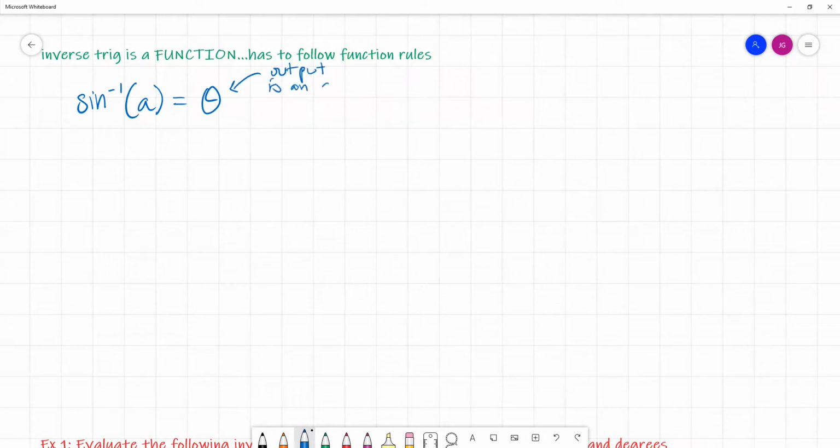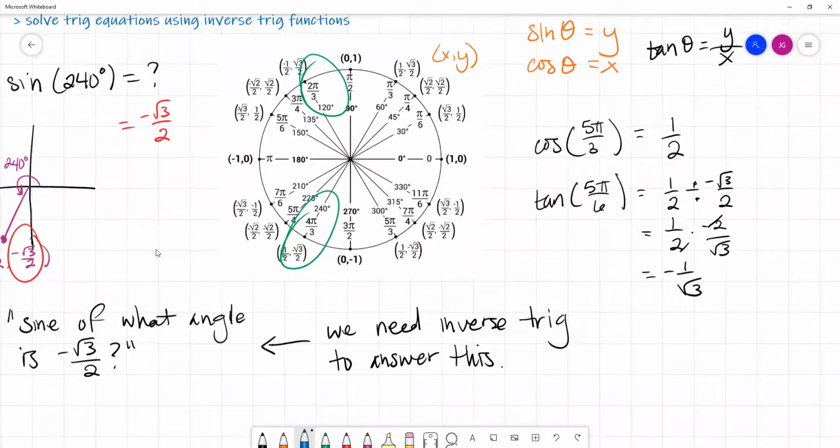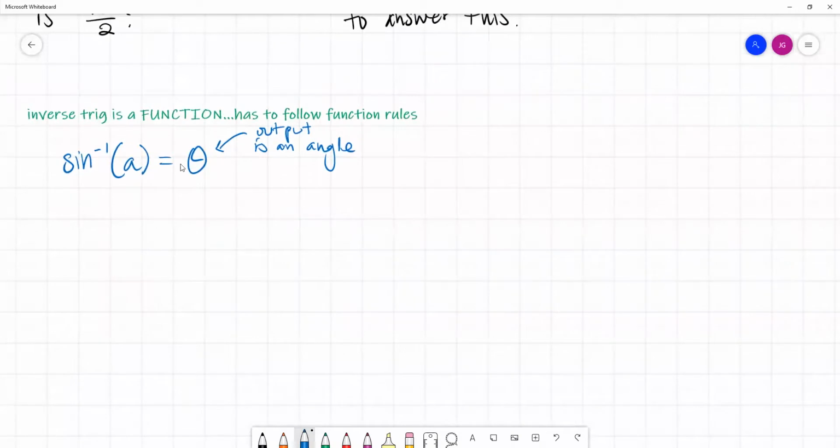We're used to sine of theta is equal to a, where the input is the angle, but not in this case. Right now we're doing it backwards. Inverse functions switch the input and the output. Now a is some ratio or some value that we see on our unit circle in these ordered pairs, and theta is going to be an angle.